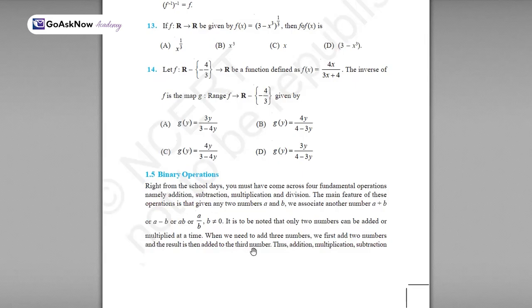If you have two real numbers a, b, you can do operations on these numbers like addition, subtraction, multiplication or division. For division you should remember that the divisor should not be equal to 0. Note that only two numbers can be added or multiplied at a time.